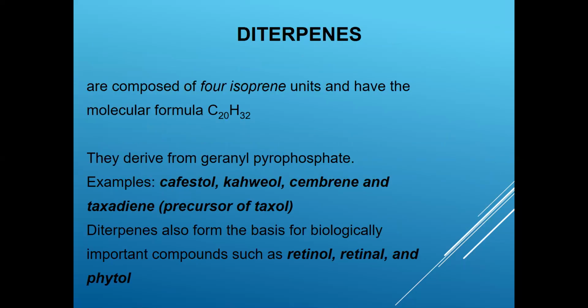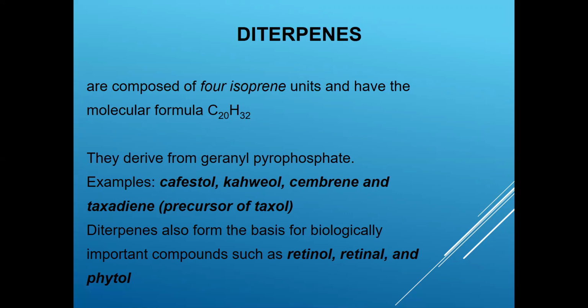Diterpenes are composed of 4 isoprene units and have the molecular formula C20H32. They derive from geranyl diphosphate. Examples: cafestol, taxadiene, the precursor of Taxol.